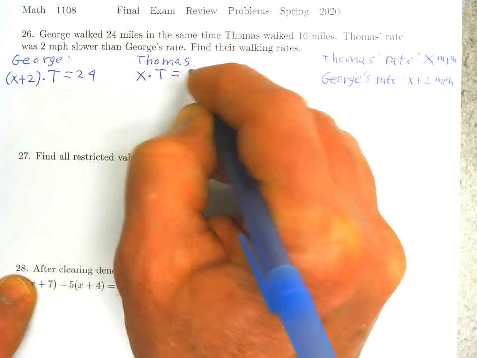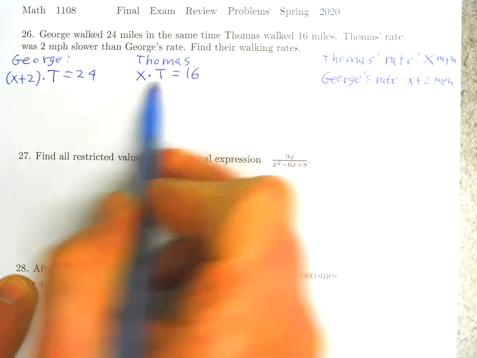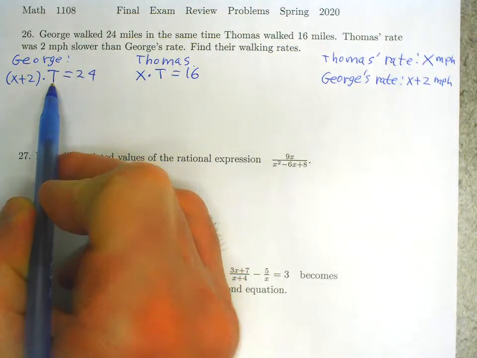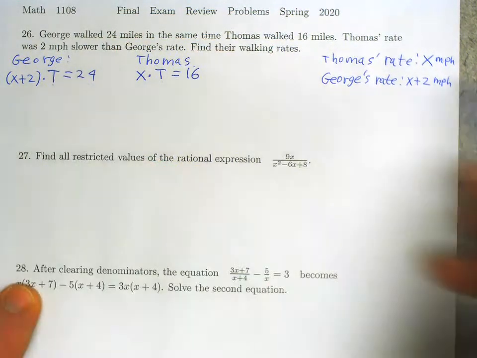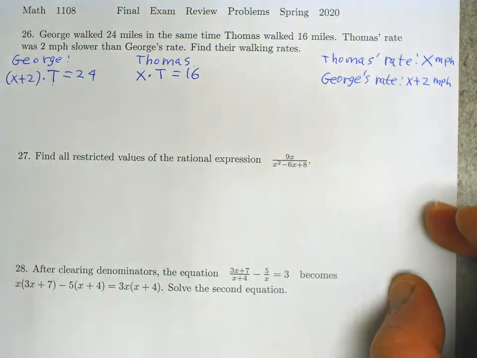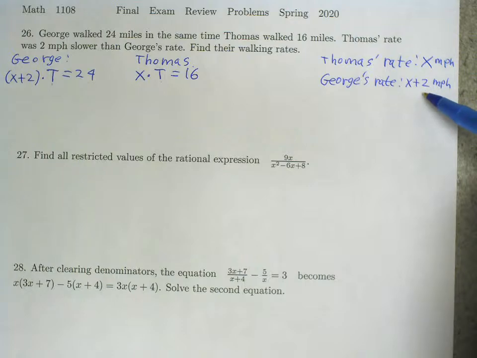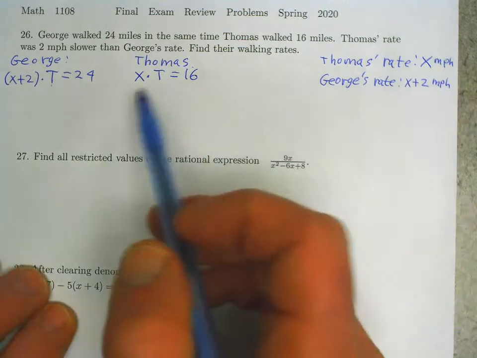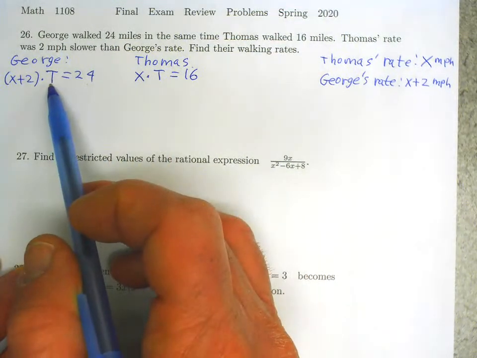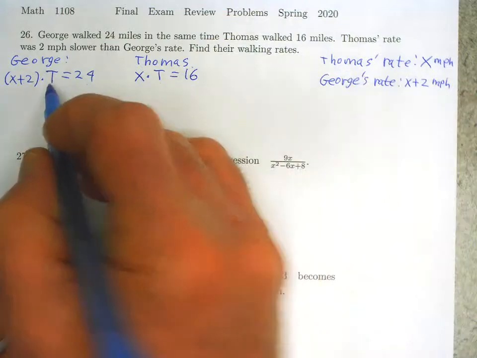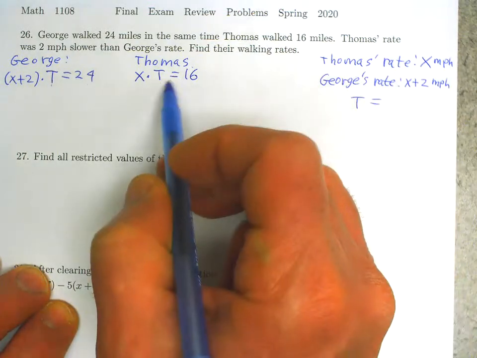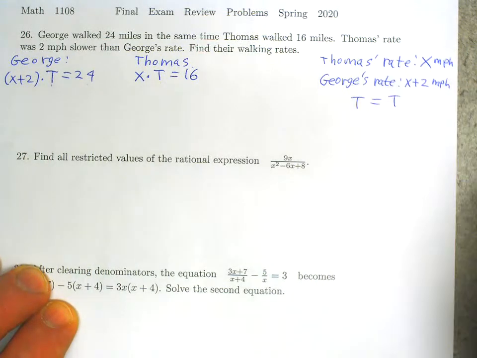And he walks just 16 miles in the same amount of time that George walks 24 miles. Okay, we want to solve for x because we're trying to find Thomas's rate and George's rate. So just note, the times are the same. That means George's time t is the same as Thomas's time t.